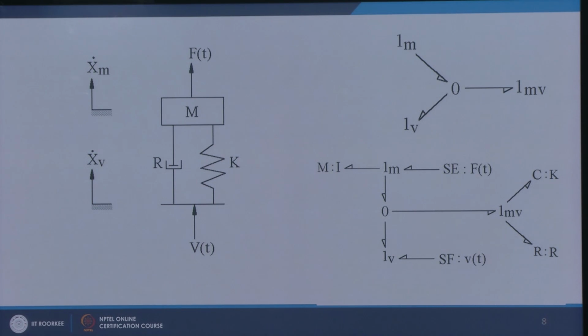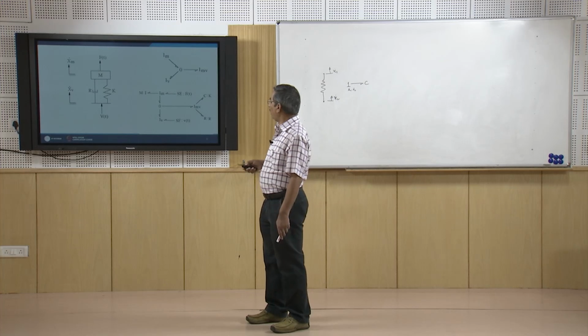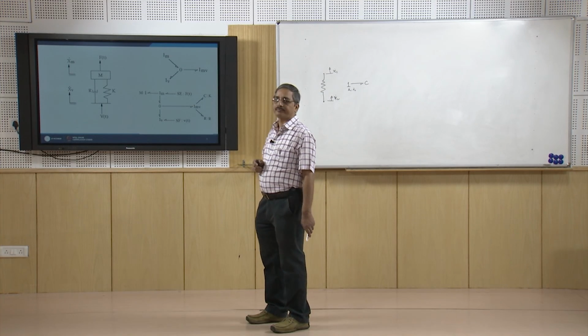And the velocity of this port is decided by the ground excitation, so I attach an SF equal to V(t), the velocity here.